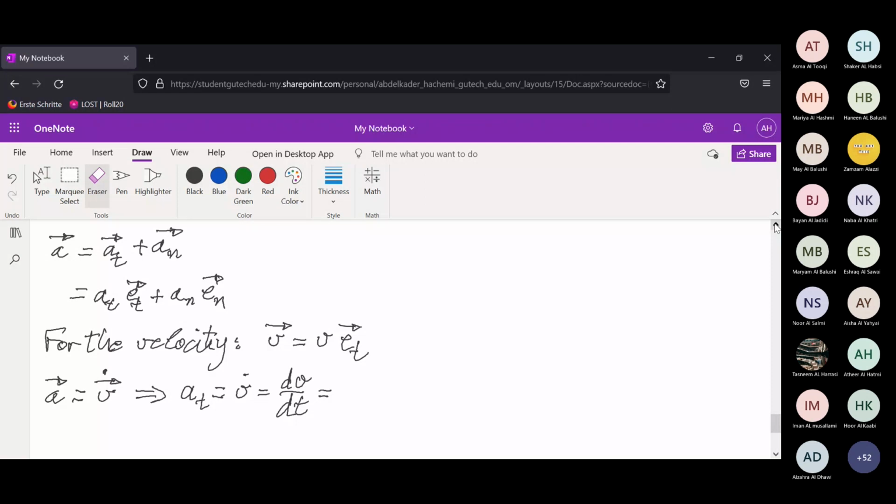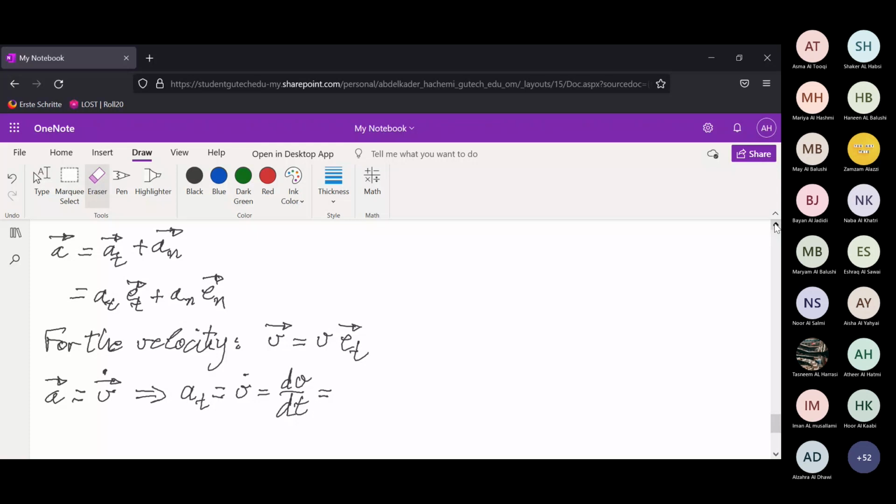Okay, I stopped here. That means we said that the velocity, the vector v, always has one component in the tangential direction.